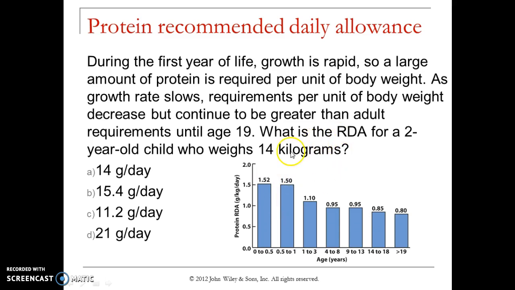So, it's a little person. They're 14 kilograms, just about 30 pounds. And so they're not going to need a ton of protein per day. 15 grams of protein is not very much. It's a couple ounces of meat, for example, or 2 cups of milk, right? It's not very much protein, but it's a lot for the body weight of that 2-year-old.